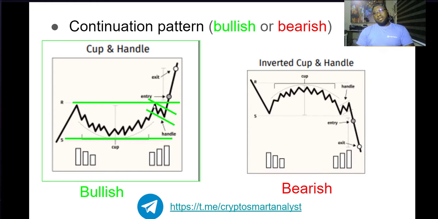Now, this formation can also be related to what we call a double top. A double top means we have a first resistance, and then a second resistance, making it double. Then we have a rejection downward, more like an ABC Elliott wave correction.